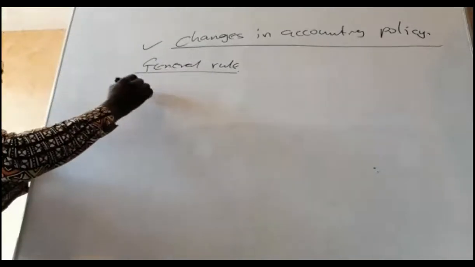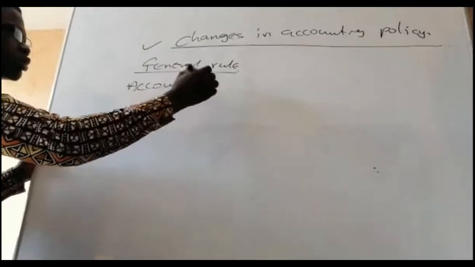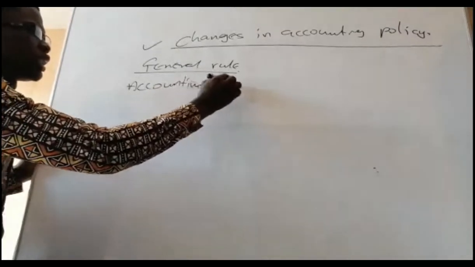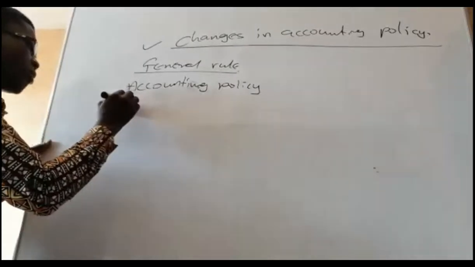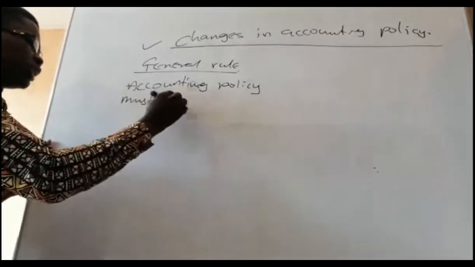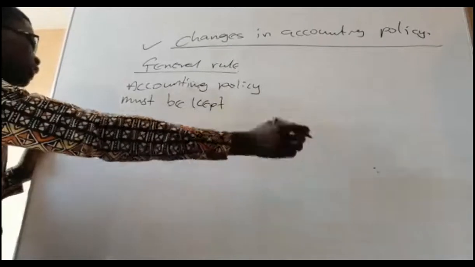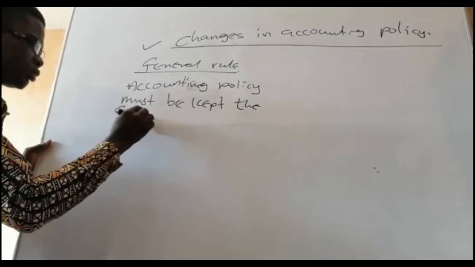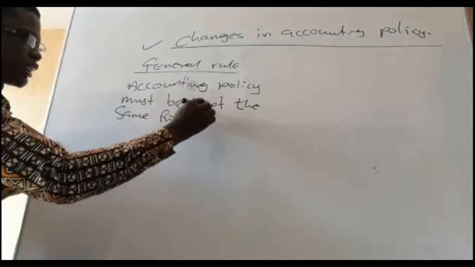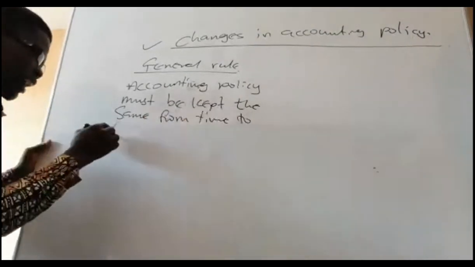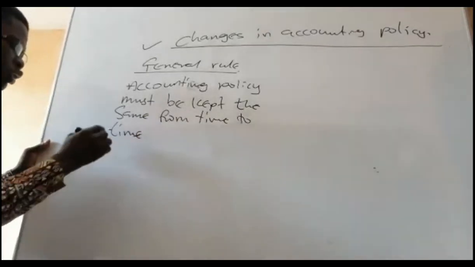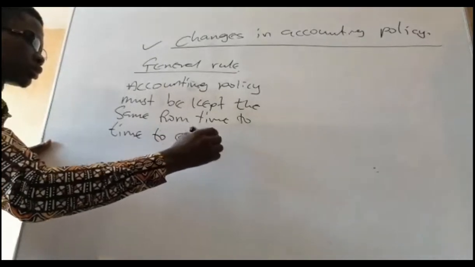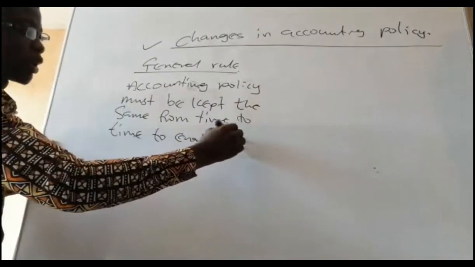So accounting policy must be kept the same from time to time, or from period to period, to enable comparability.